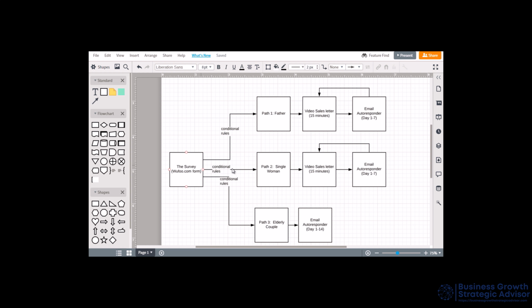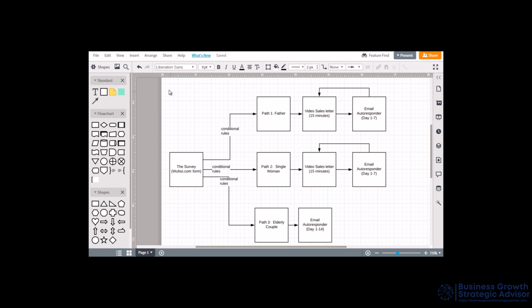So the survey's here, they fill it out, the conditional rules are sent here, and based on the answers they give, they either get asked more questions or they get sent to a video sales letter, but then after that they get added to an email list, and perhaps over here they have to fill in their email, and if they get over here, they get automatically added to the email autoresponder series over here. And then they receive an email from day 1, day 2, day 3, day 4, day 5, day 6, and day 7. So since there are 7 days. And the email autoresponder series will then, of course, sell and redirect them back to the video sales letter.